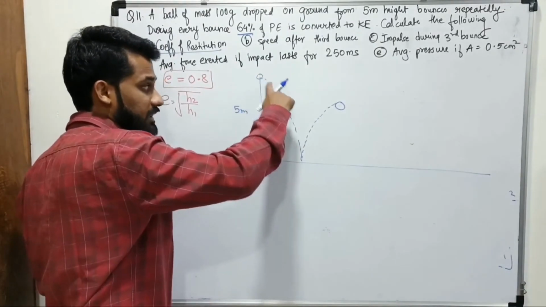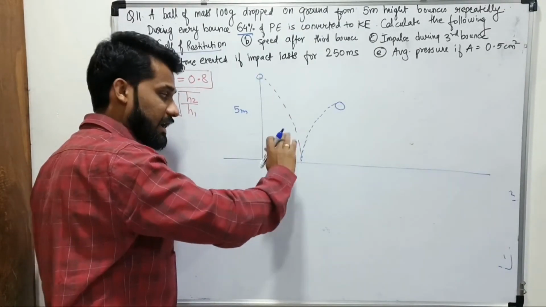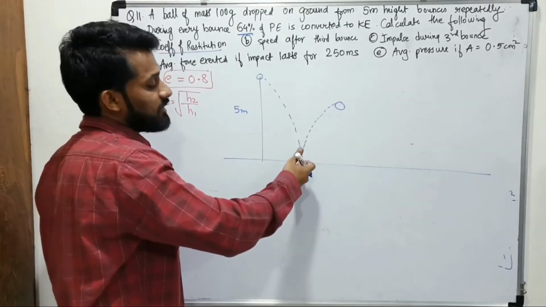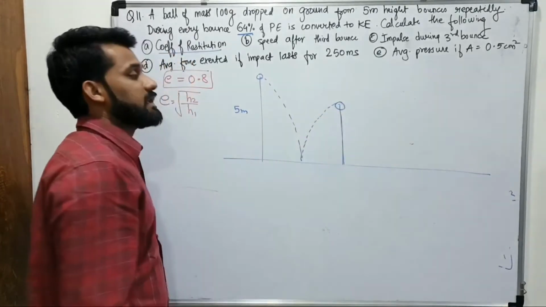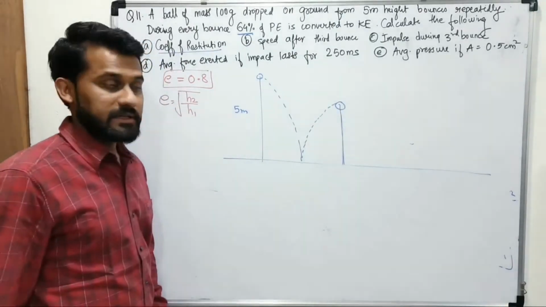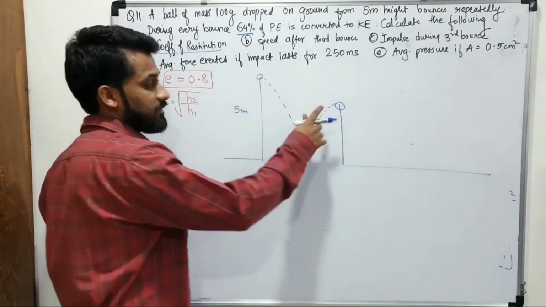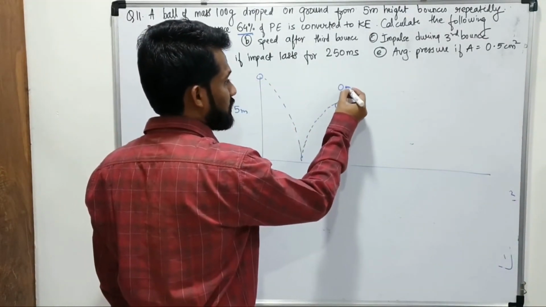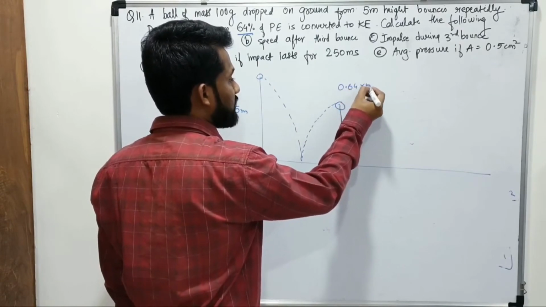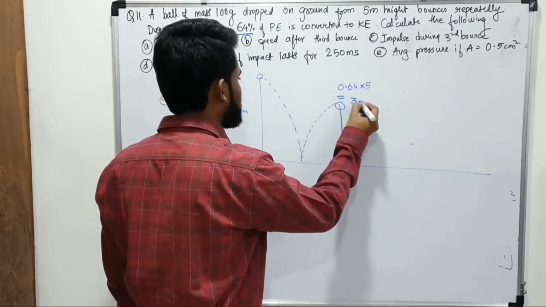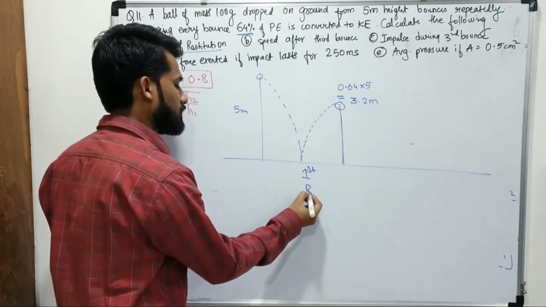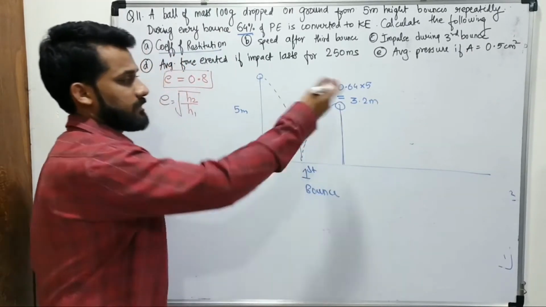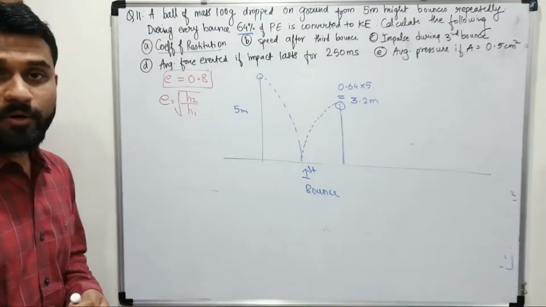So the whole energy here will be converted into kinetic, and after bouncing only 64% remains, so its potential energy will only become 64%. So the height will also become 64%, and 64% of 5 is 0.64 into 5, that is 3.2 meters. So this is the first bounce. After the first bounce, the height it will gain is 3.2 meters.